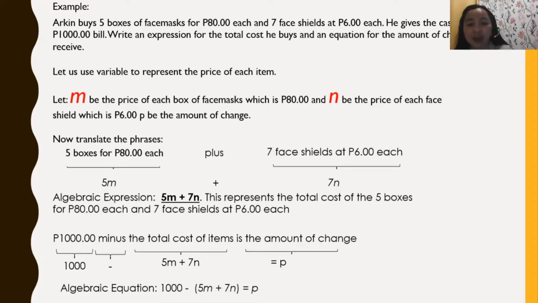Therefore, the algebraic equation to get the amount of change he will receive is 1,000 minus quantity 5M plus 7N equals P. So, this is the equation to solve the problem and to get how much change he will receive.